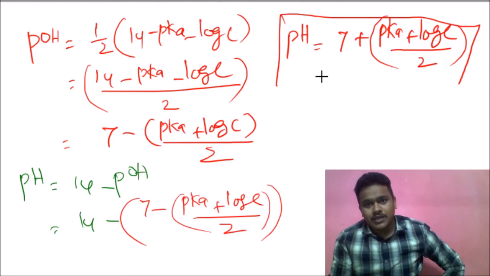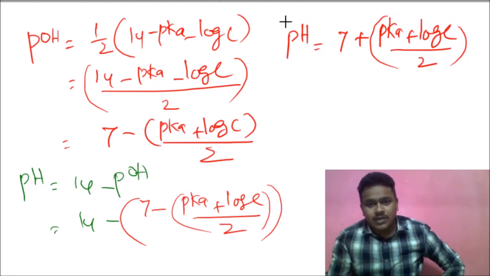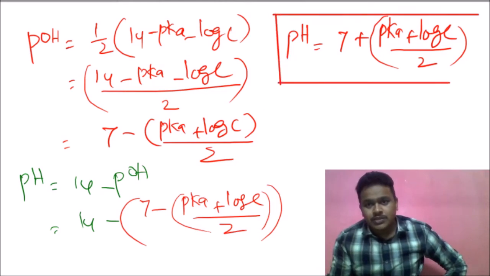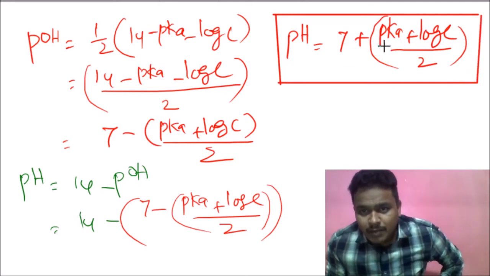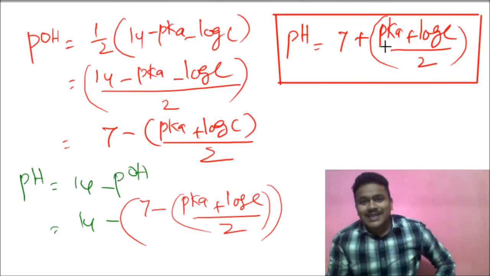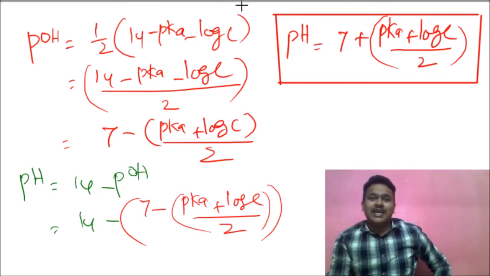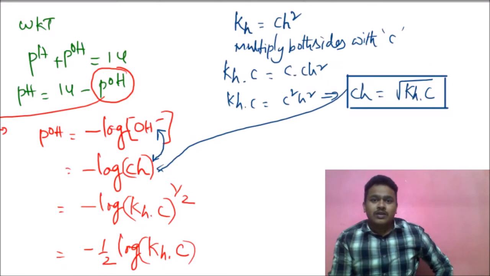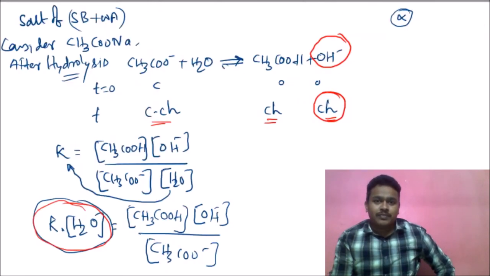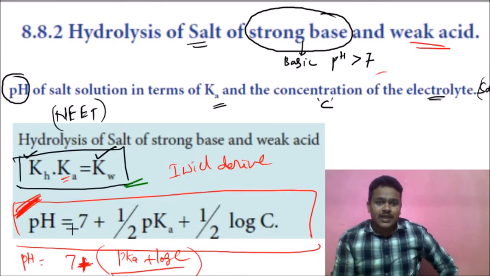See that pH, this is the final pH is equal to 7 plus pKa plus log C by 2.